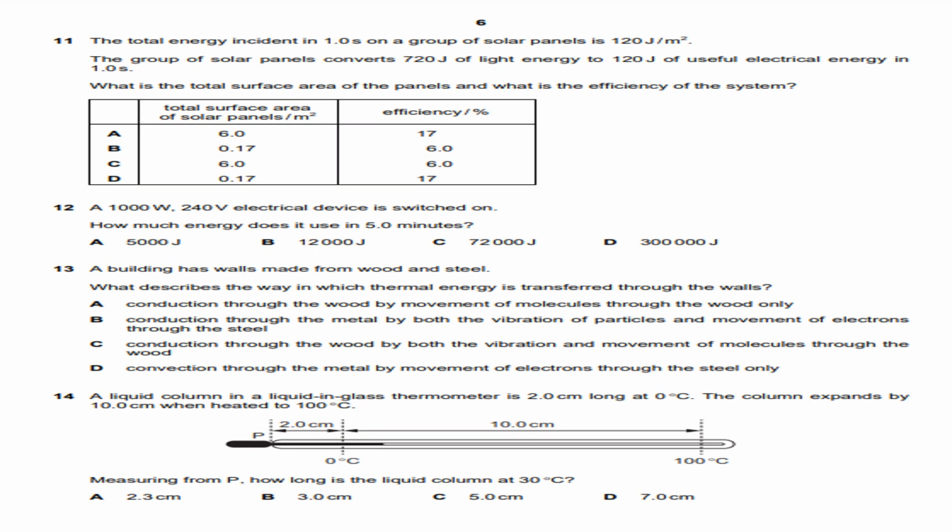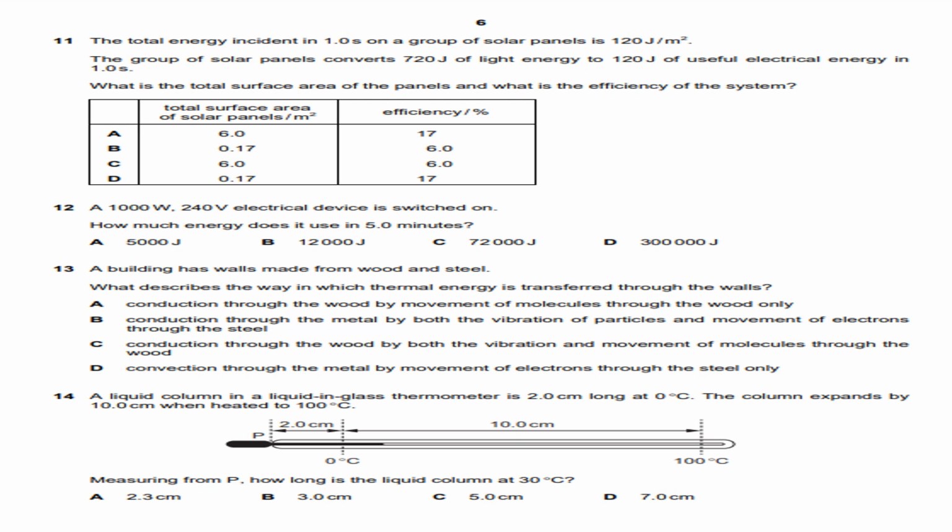11. The total energy incident in 1 second on a group of solar panels is 120 joule per meter square. The group of solar panels converts 720 joule of light energy to 120 joule of useful electrical energy in 1 second. What is the total surface area of the panels and what is the efficiency of the system?